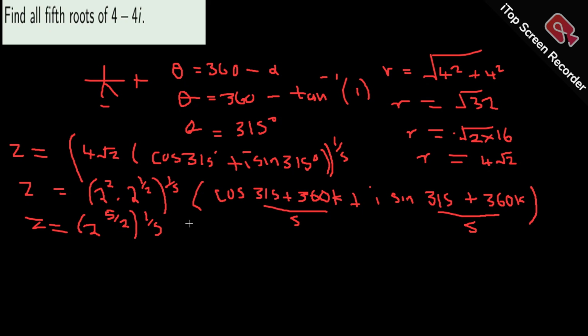We're going to say 5 into 315, that's going to give us 63, plus 360 divided by 5, that is equal to 72. So we're going to have 72k plus i sine the same thing.